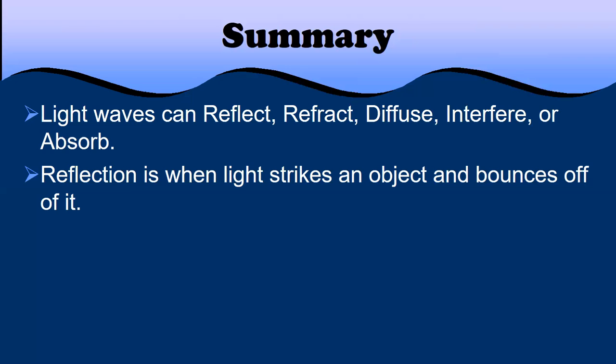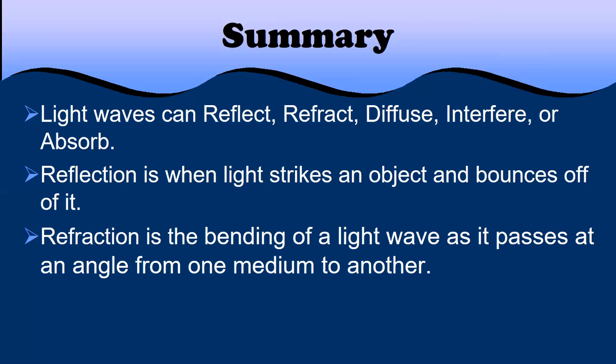That's the second. Refraction is known as the bending of light waves. It is when light passes through a medium and it slows down or speeds up. So if it's going through air and it hits water, then the light slows down. And as something slows down, like a car or a truck, it starts to change direction.